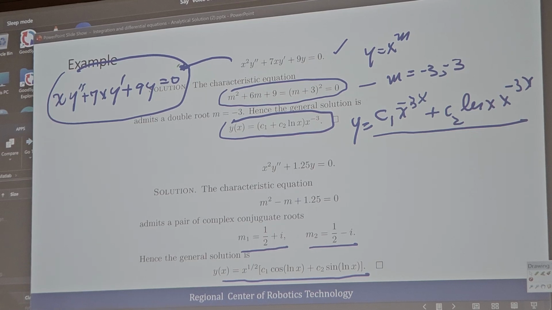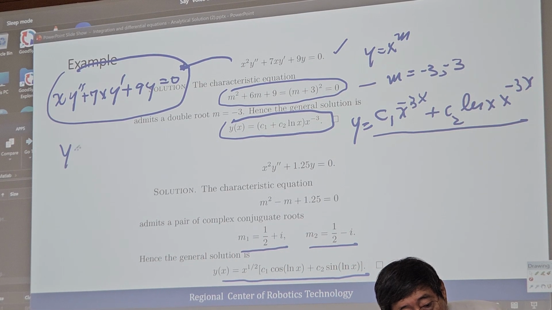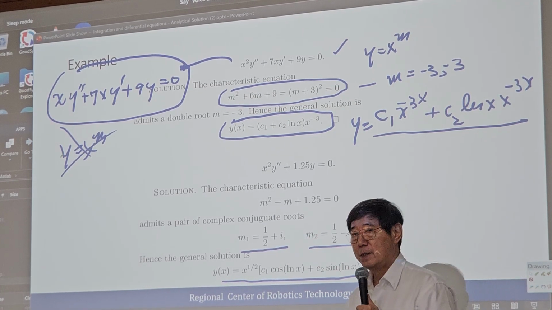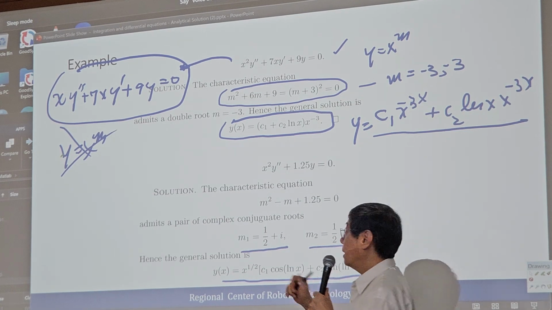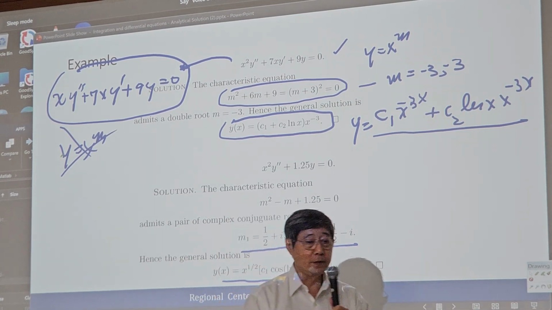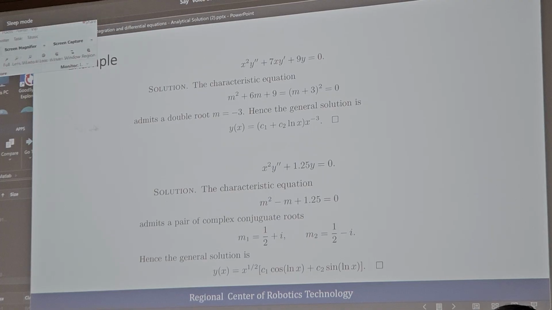No. You cannot assume that y equal to x^m. No, it's not the same form. So the form that you need to solve has to be this one.